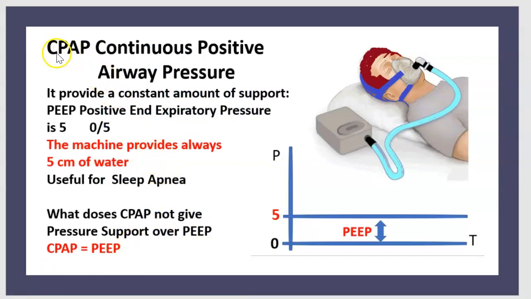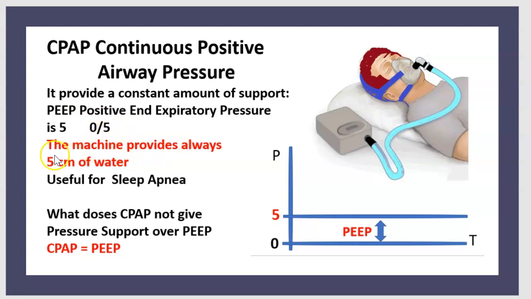What is CPAP? CPAP is continuous positive airway pressure. It provides a constant amount of support, PEEP, positive end-expiratory pressure. For this example, it's about 5, and we express that as 0/5.